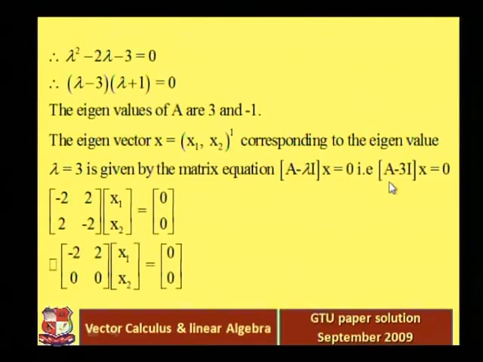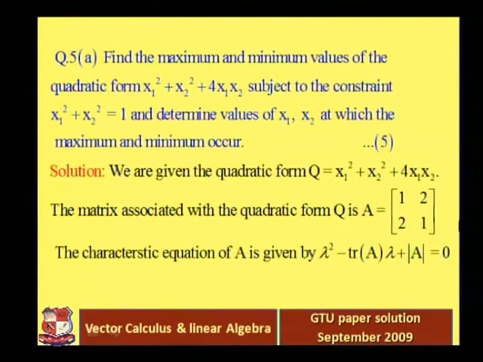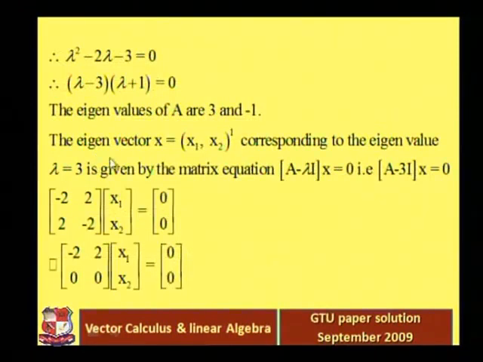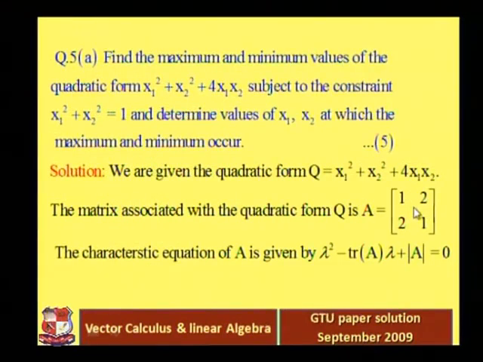So A minus 3I into x is equal to 0. So what is A minus 3I? Just put the value lambda is equal to 3 in this equation. So what is our A? 1 2 2 1 minus 3I, that means 3 0 0 3.